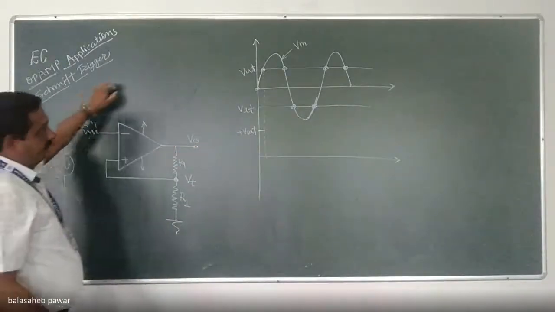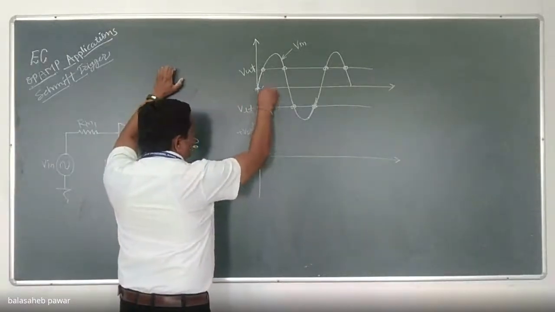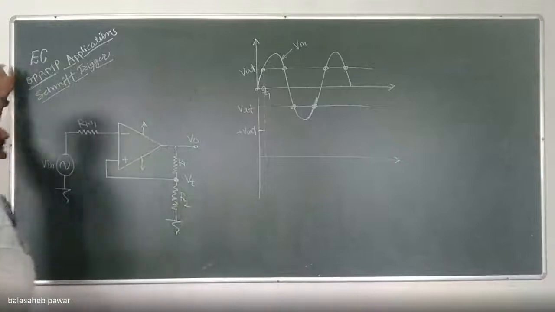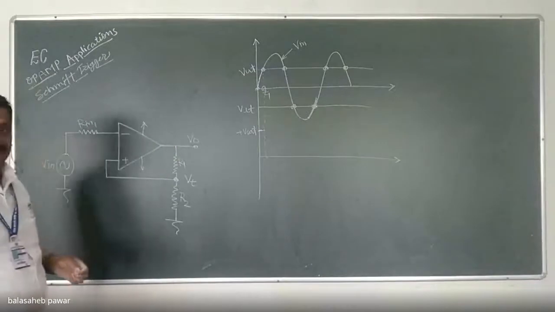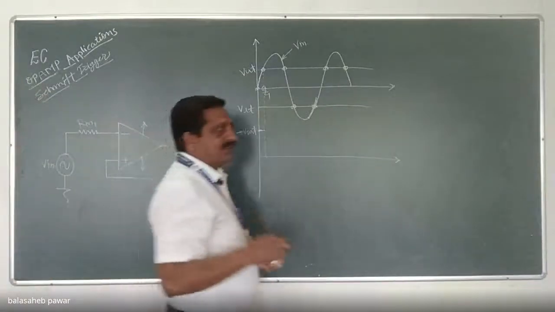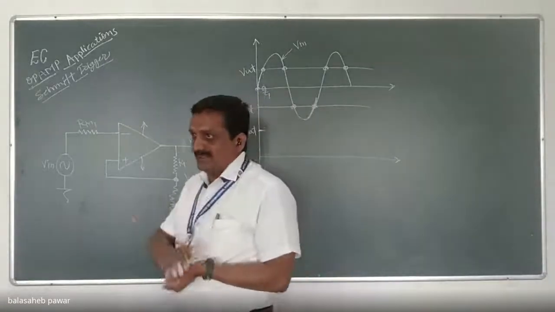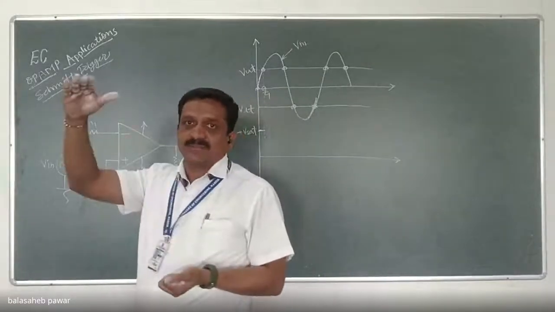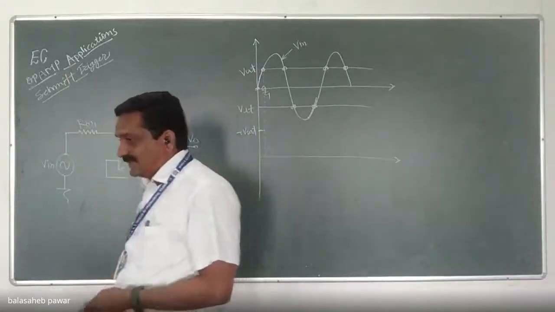Now, we call that time duration T1 so that it will be somewhat simple for your understanding. So see, at t equals T1, Vin is equal to VUT, right? That Vin input signal reaches the amplitude equal to the upper threshold level, which is a constant.